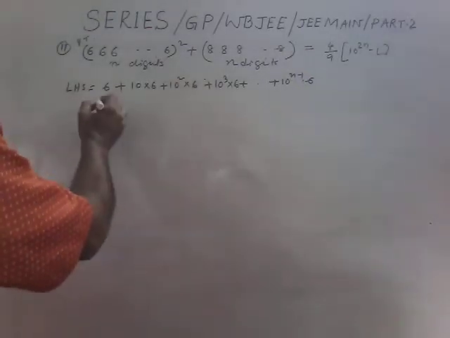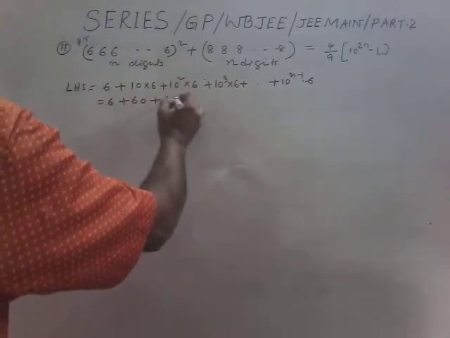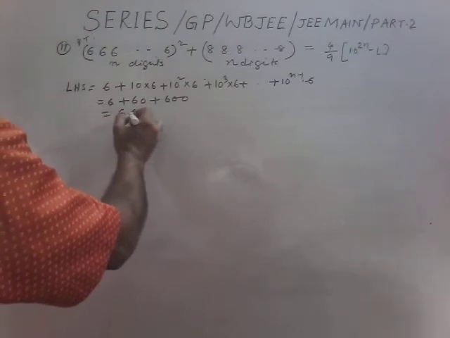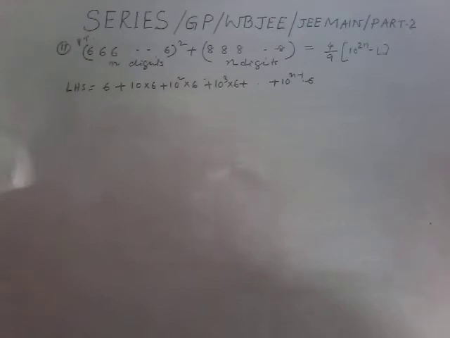So look, if we consider this third term, this is 600, so we get 666. So this will be our arrangement.